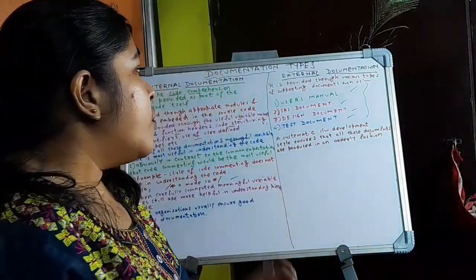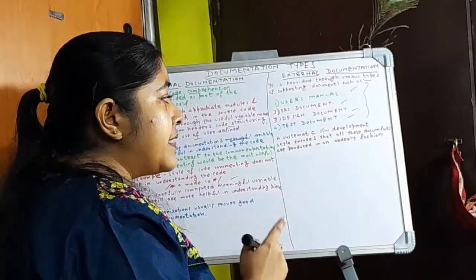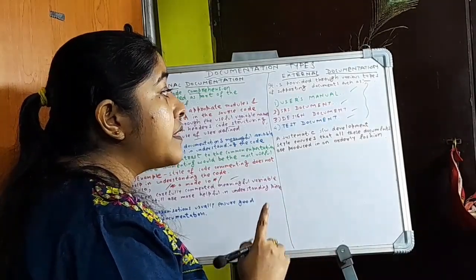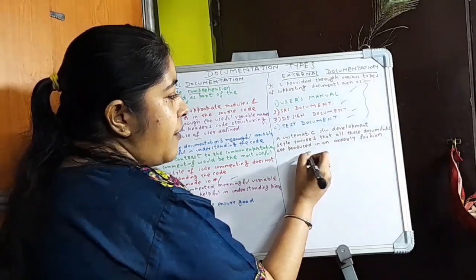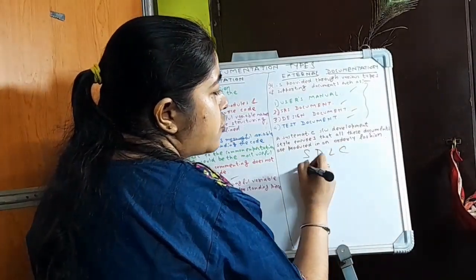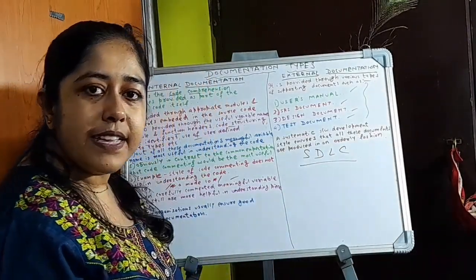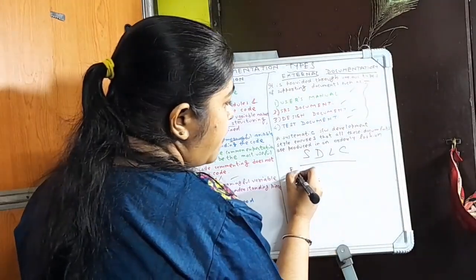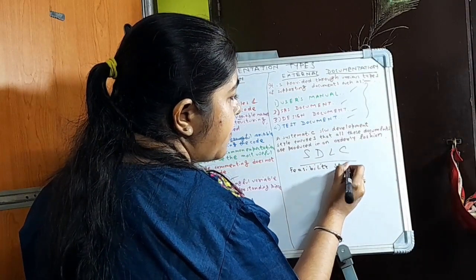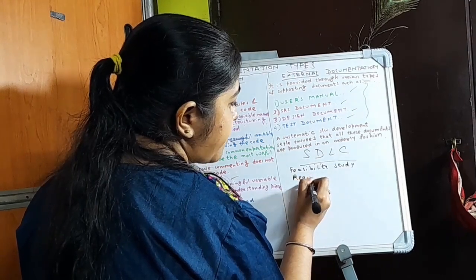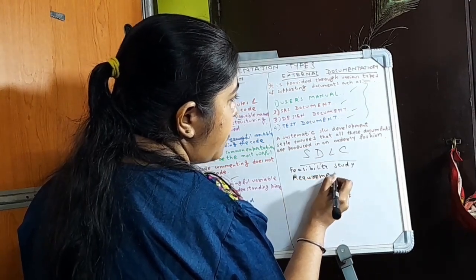Then, a systematic software development style ensures that all these documents are produced in an orderly fashion. What is an orderly fashion? Our SDLC model shows the different phases, right? That is your feasibility study, then the requirement phase. What will you get from the requirement phase?